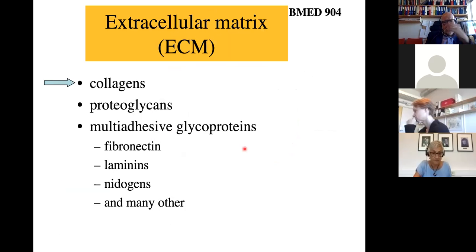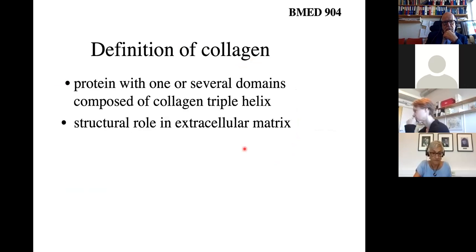Right, so that was background, matrix, how we divide it, and now we will very briefly go through some of the major components in the extracellular matrix, and we start with collagens. So you would think that defining a protein like collagen is easy, but actually for various reasons that is not the case. But we will not go into detail.